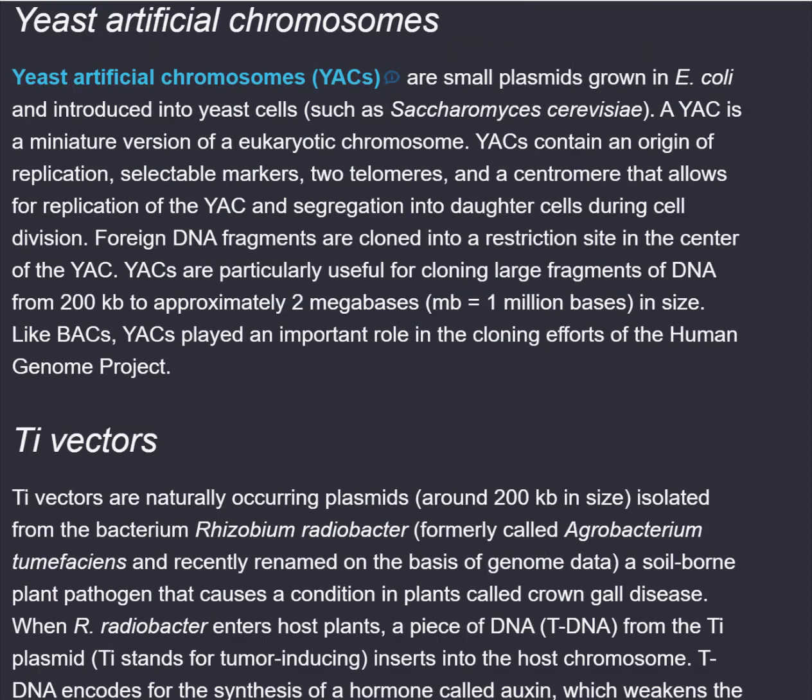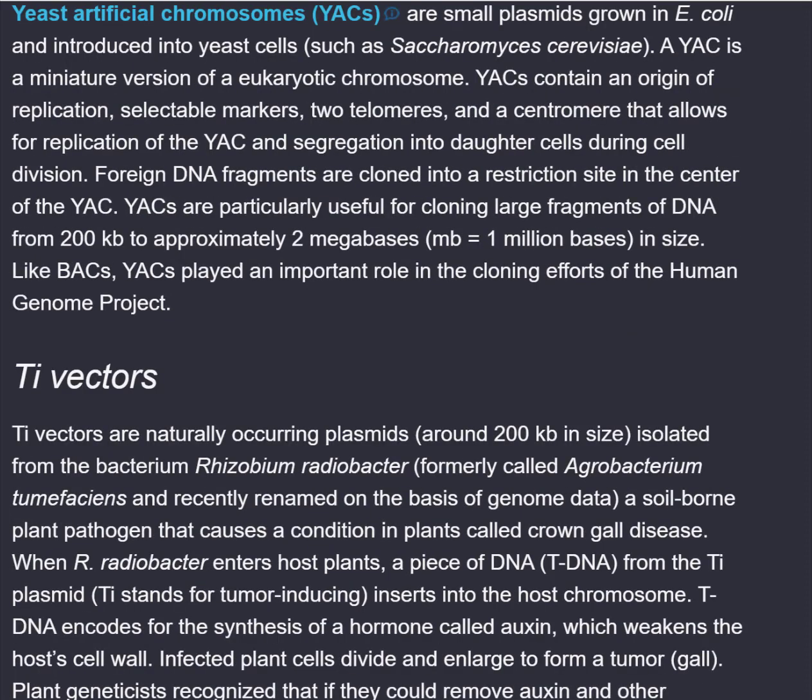Yeast artificial chromosomes. Yeast artificial chromosomes, YACs, are small plasmids grown in E. coli and introduced into yeast cells, such as Saccharomyces cerevisiae. A YAC is a miniature version of a eukaryotic chromosome. YACs contain an origin of replication, selectable markers, 2 telomeres, and a centromere that allows for replication of the YAC and segregation into daughter cells during cell division.